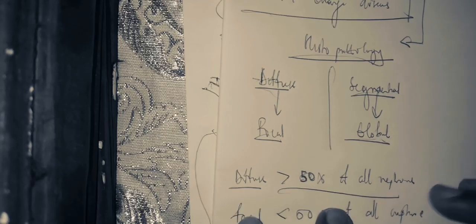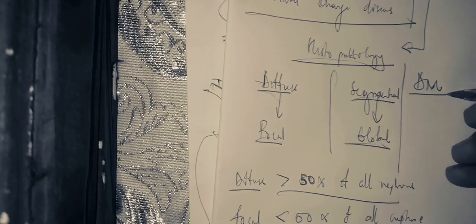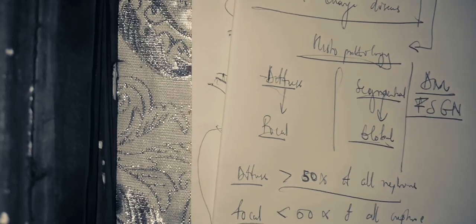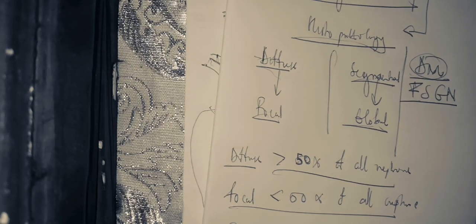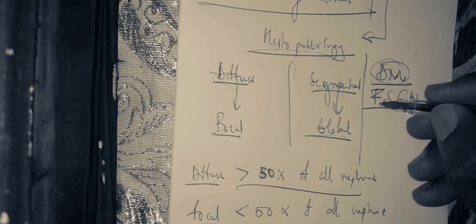So in diseases like diabetes mellitus, you have a focal segmental glomerulonephritis. Is it clear? So in diabetes mellitus, generally the histopathology is going to show what?